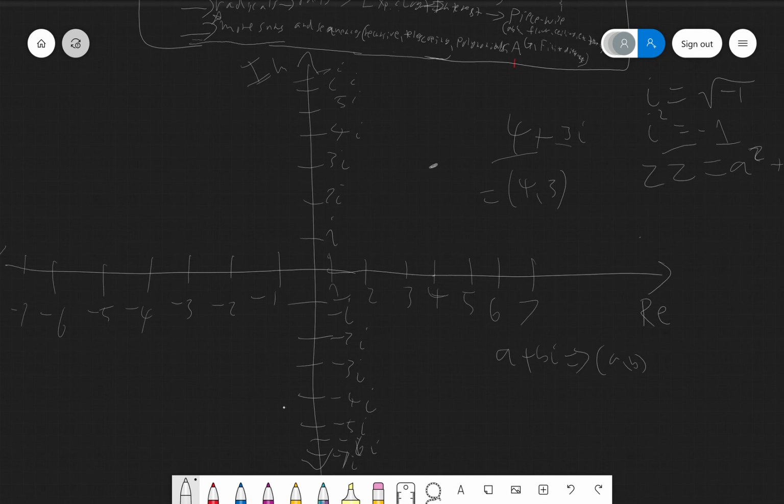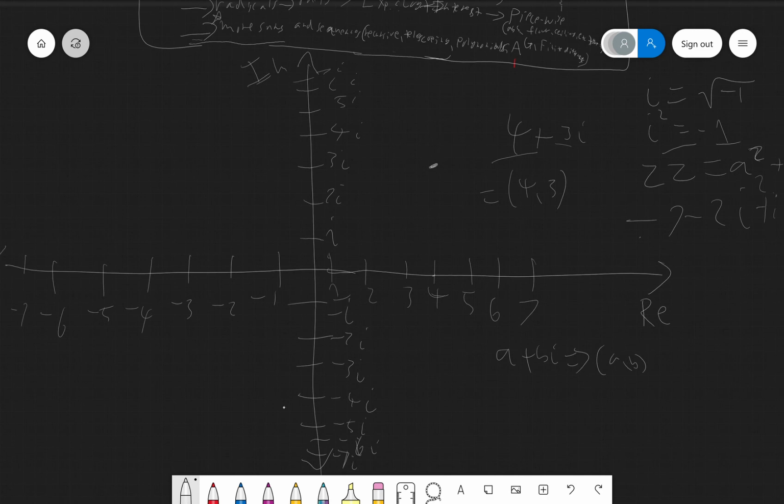Now you know why we don't use i, 4i, 9i, because now it makes more sense, right? Because a comma b and a plus bi. So now how would you graph -7 minus 2i squared plus i?